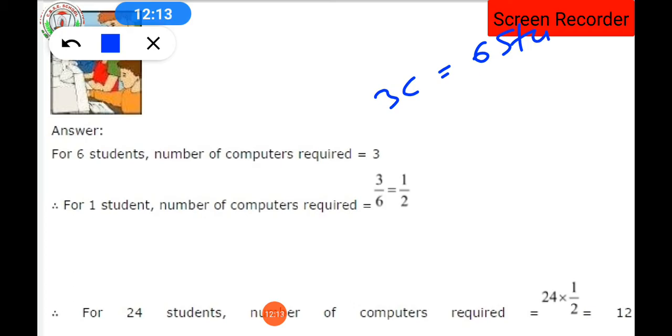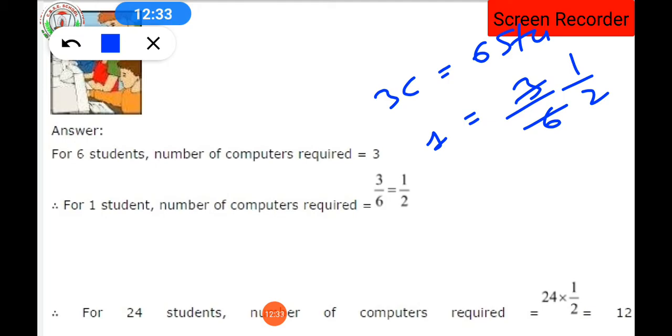So for one student, how many computers are required? That is 3 divided by 6, so it becomes 1 by 2. Whatever we had done just before, that 2 upon 1, is also correct. So don't get confused in that.